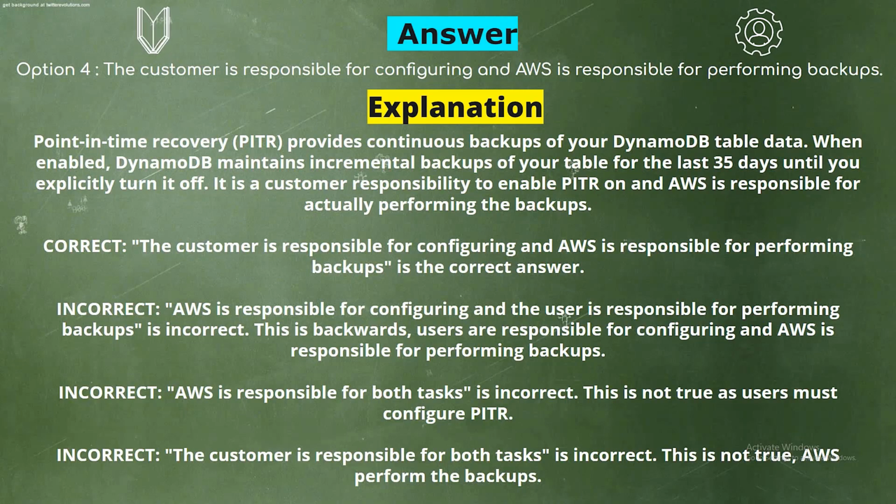Incorrect. AWS is responsible for configuring and the user is responsible for performing backups is incorrect. This is backwards. Users are responsible for configuring and AWS is responsible for performing backups. Incorrect. AWS is responsible for both tasks is incorrect. This is not true, as users must configure PITR. Incorrect. The customer is responsible for both tasks is incorrect. This is not true. AWS performs the backups.